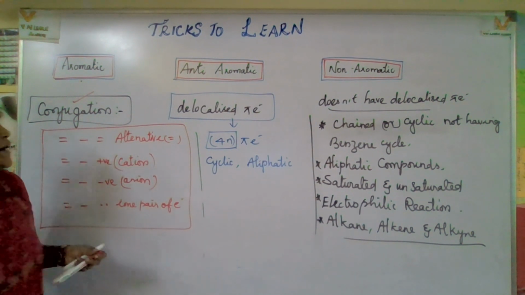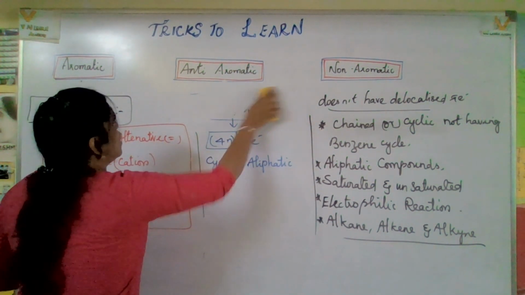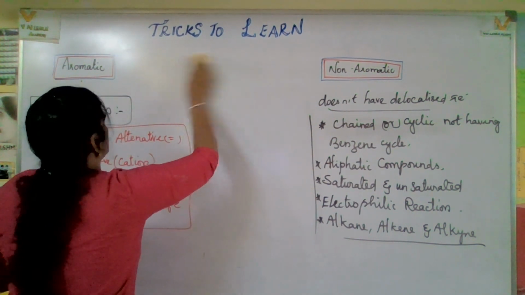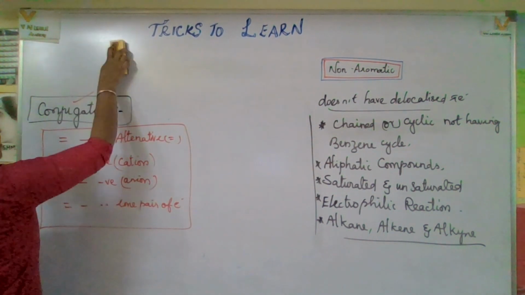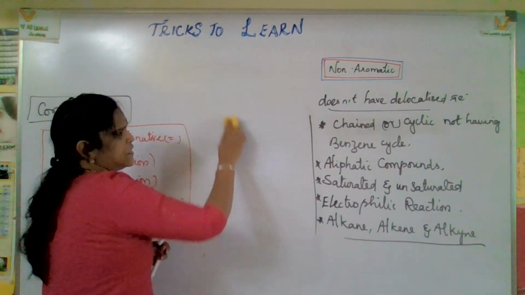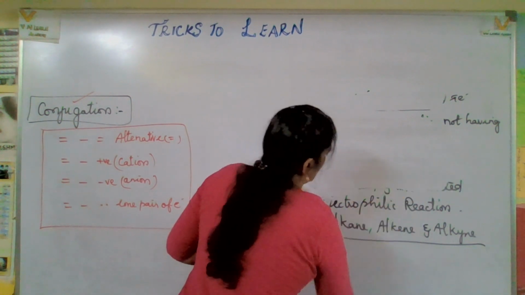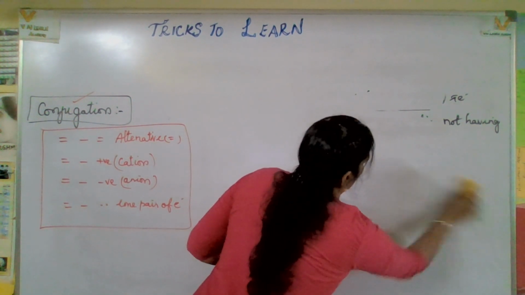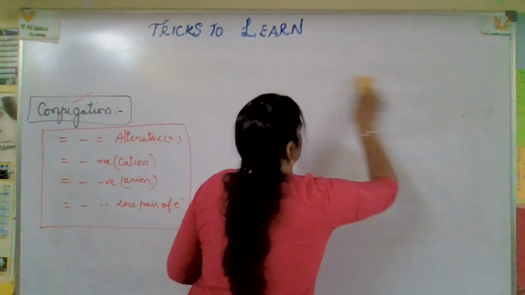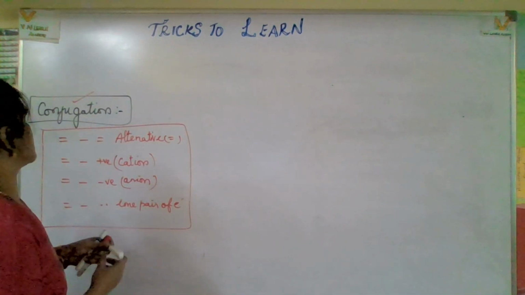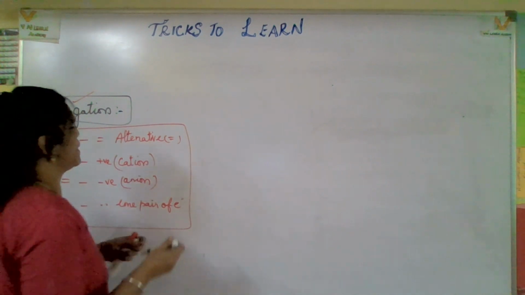Now I'll give an example of how to identify a conjugated system and a non-conjugated system. Then we will identify whether it is aromatic, anti-aromatic, or non-aromatic. What do we mean by a conjugation system?